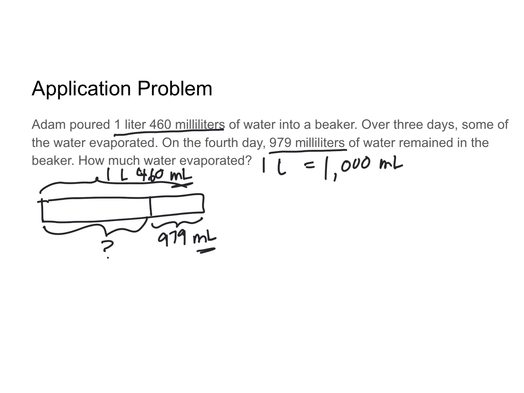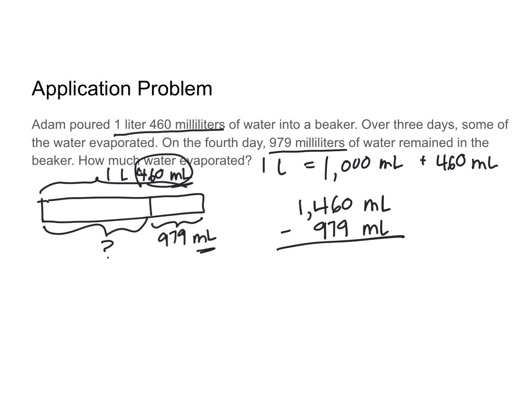I've got 1,000 milliliters plus the 460 milliliters. So I'm going to start off with 1,460 milliliters, and I'm going to subtract 979 milliliters. And this way it becomes a simple subtraction problem.